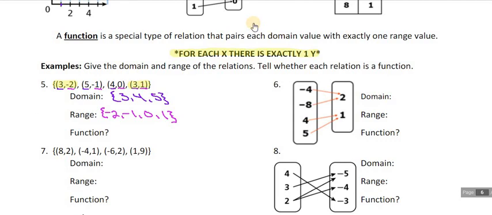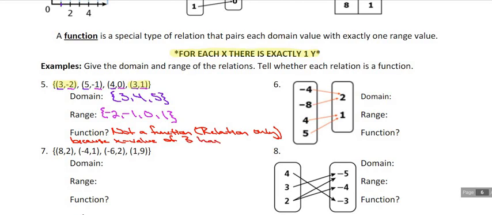It has two different y values. So this particular relation is not a function. Therefore, it's a relation only because the x value of 3 has two y values.